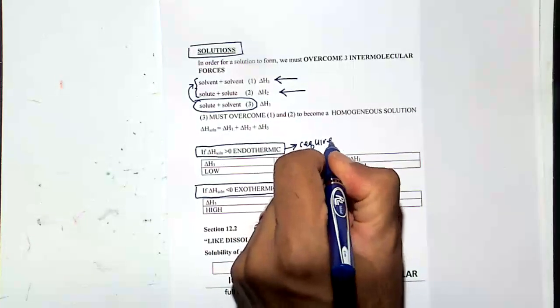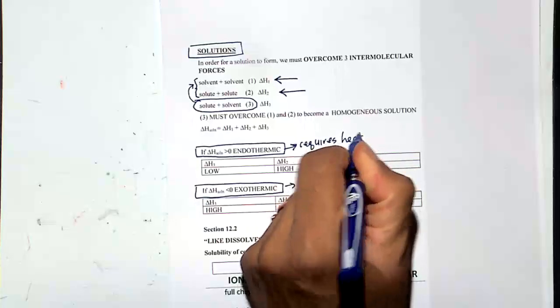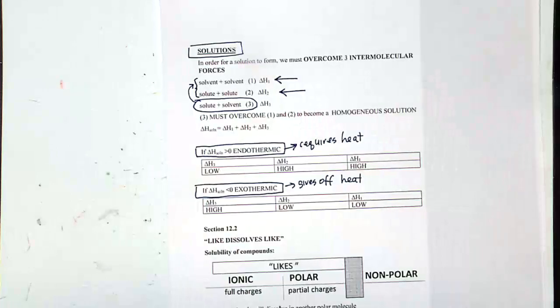Yeah. So when you're dissolving something in water or any solvent, sometimes you need heat, sometimes it just gives off heat. So that is what I want you to know about that.